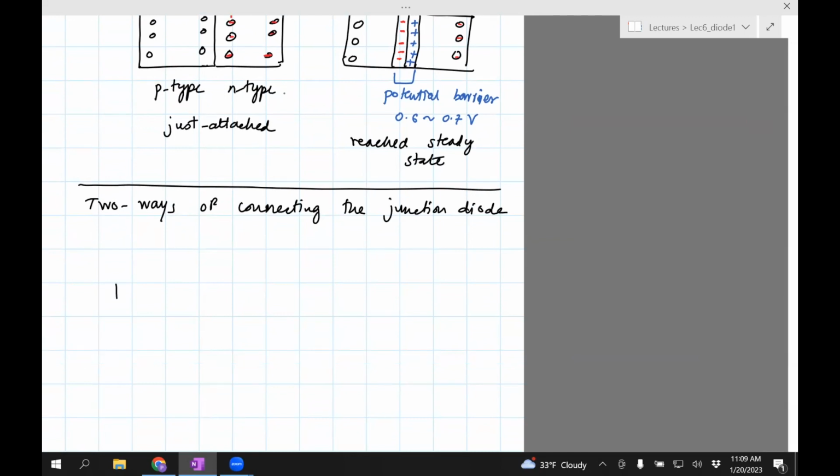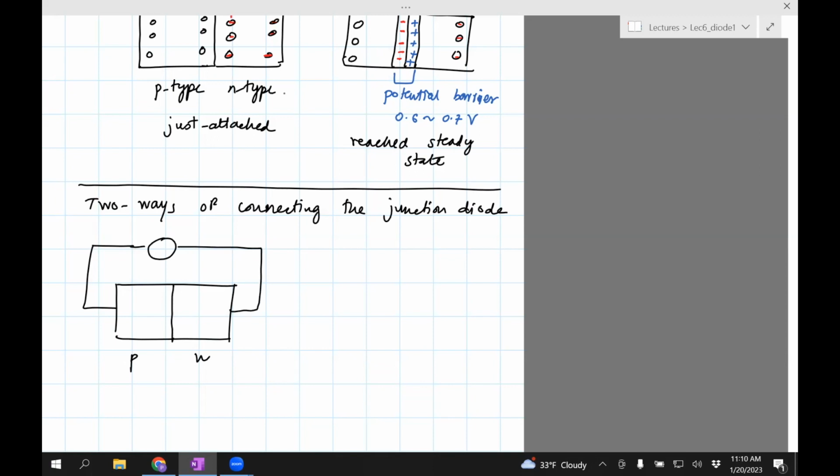One way is, well, let's just take that diode and then connect it such that the P and N. So let's connect the P to the positive end of the supply, and then the other one to the negative.